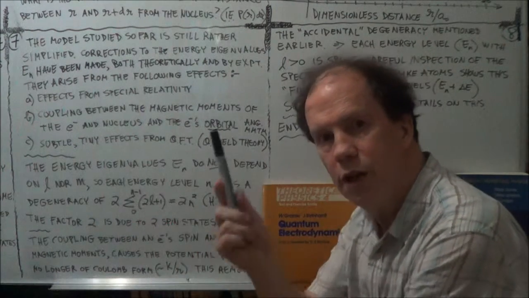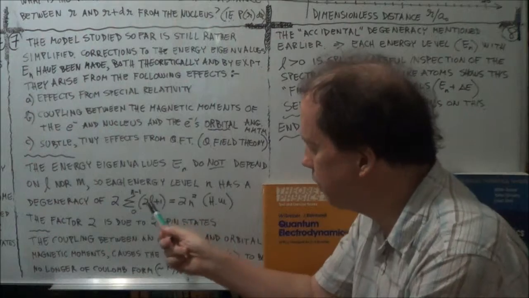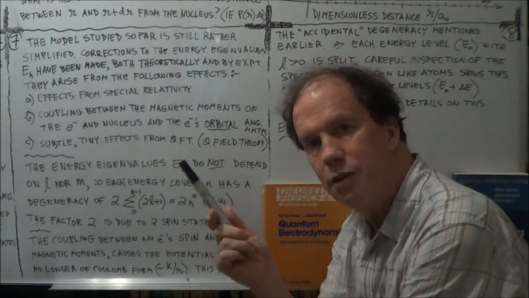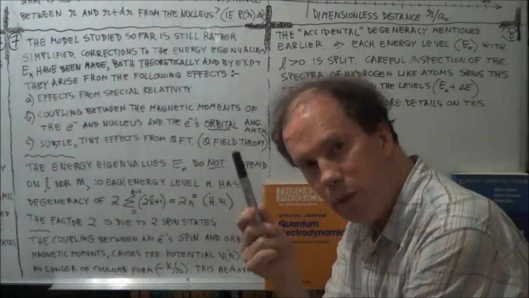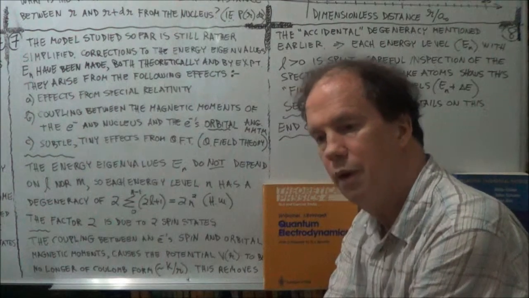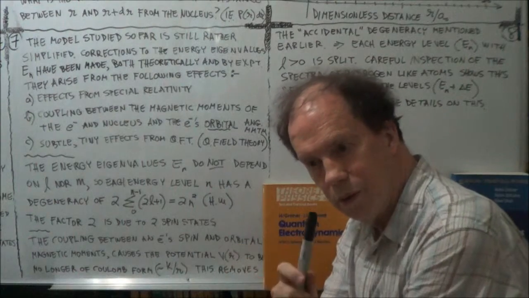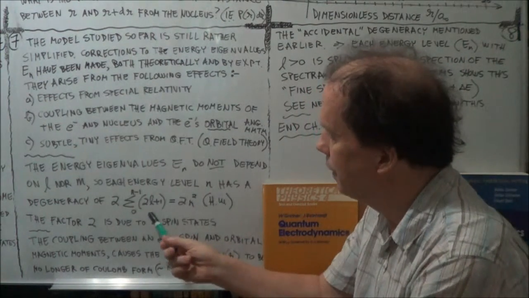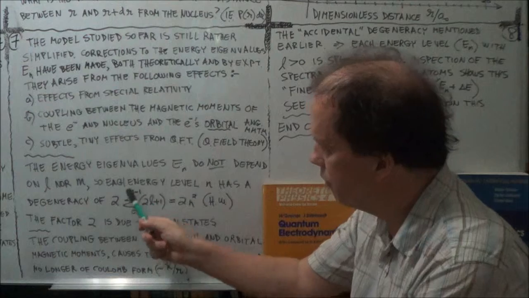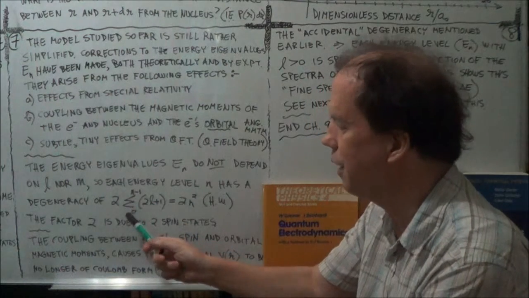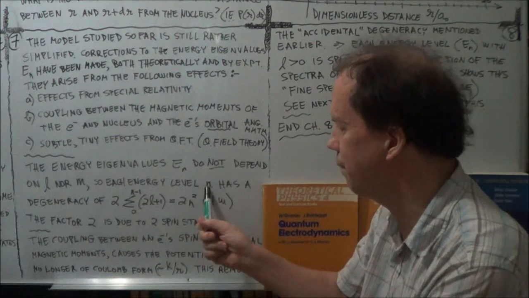Remember that for each value of L, you have 2L plus 1 possible values of M, M being the eigenvalue of the component of your angular momentum L along the z-axis. So this sum is over all possible L values you can have for a given n.